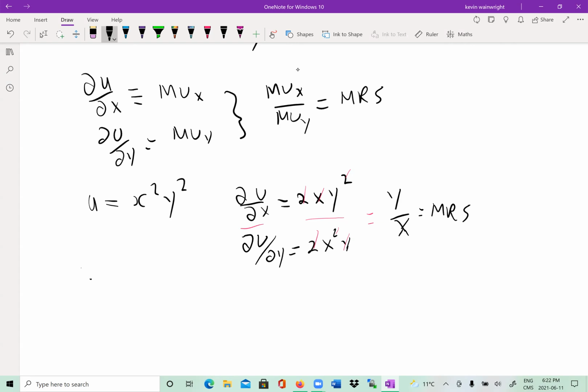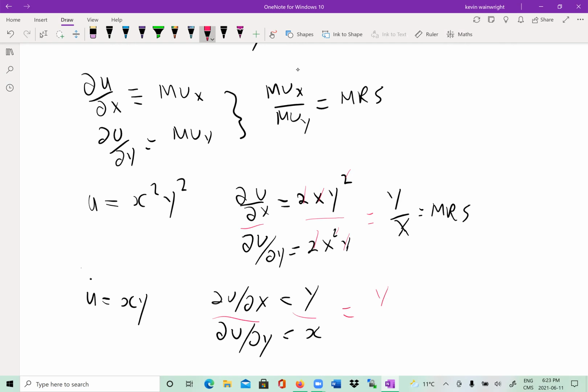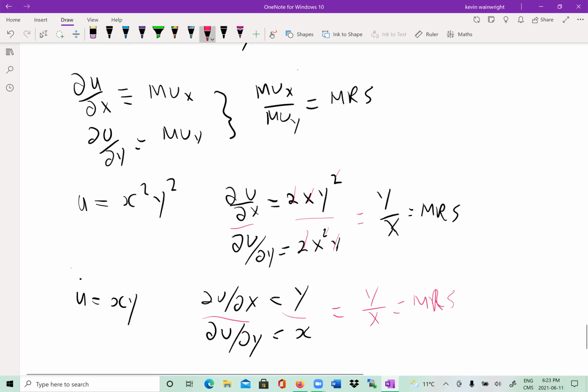If the utility function is equal to simply X times Y, then dU/dX, the derivative of the utility function with respect to X, is simply Y, and dU/dY is simply X. And if I divide the first by the second, I get Y over X equals the MRS. Now notice that the MRS for both utility functions is identical.